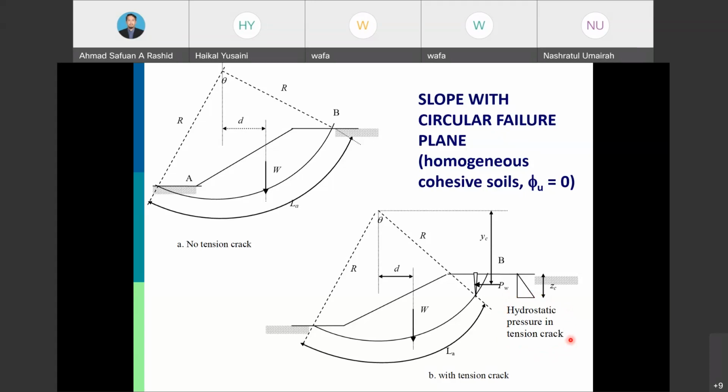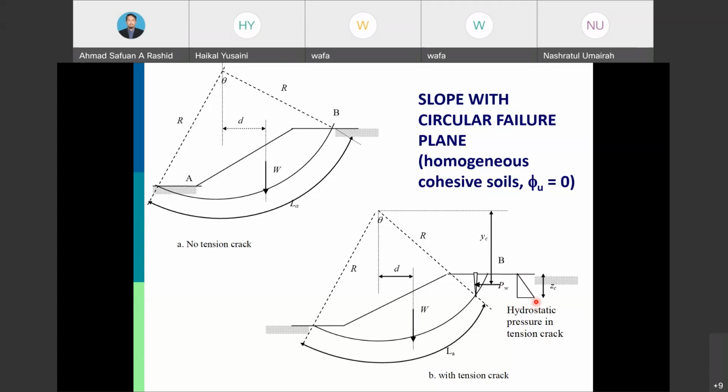So this hydrostatic pressure will act as another driving moment. So there will be two combinations of driving moment. First from the block of the slope and also from the hydrostatic pressure produced from the tension crack.